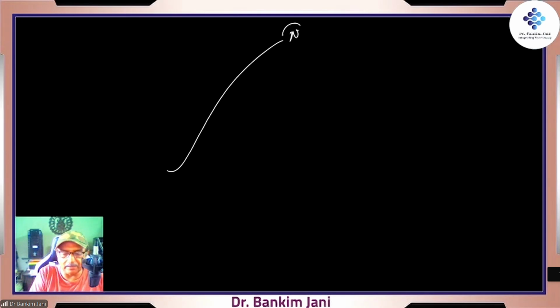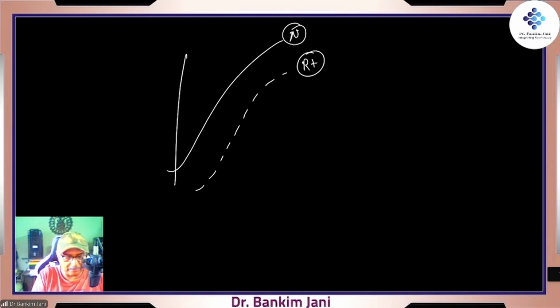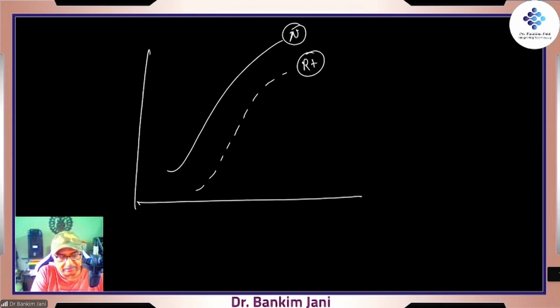This is a normal curve. This is the right shift. So what was this? This is the hemoglobin saturation. It means how much oxygen has been picked up by hemoglobin.